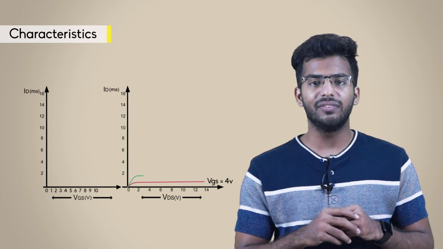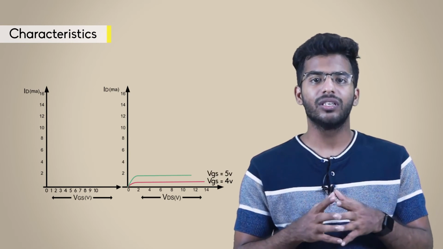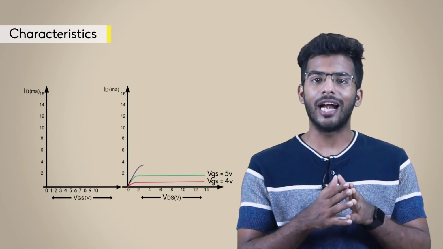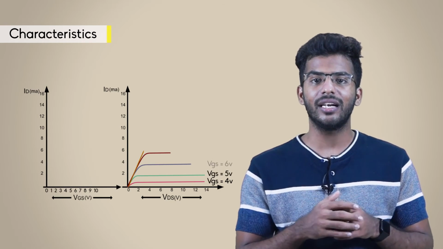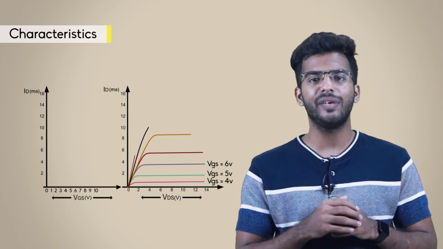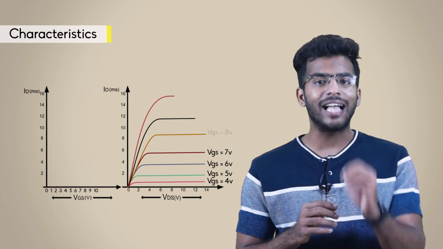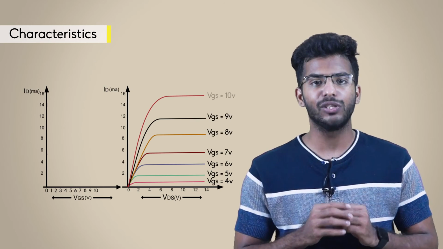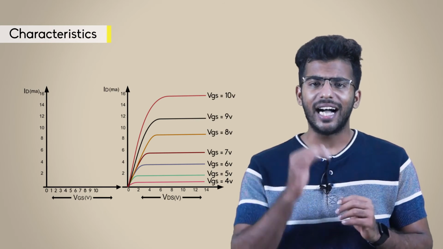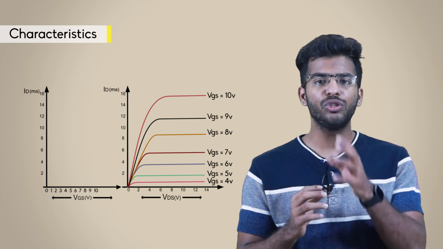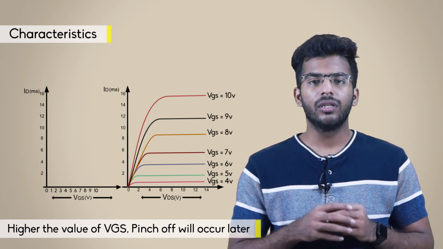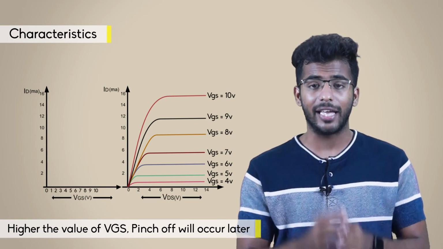When we increase the VGS to higher values such as 5, 6, 7 and up to 10 volts, the drain current increases with increase in VDS and reaches saturation at much higher levels of VDS. The higher the value of VGS, the later pinch off will occur. The transfer characteristics are again the same.